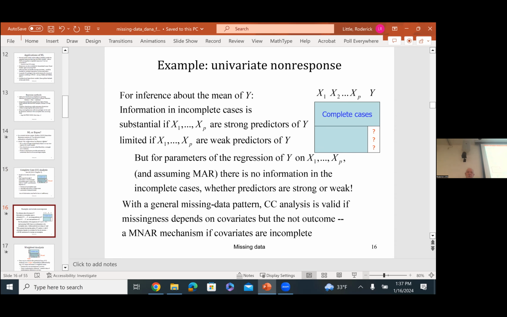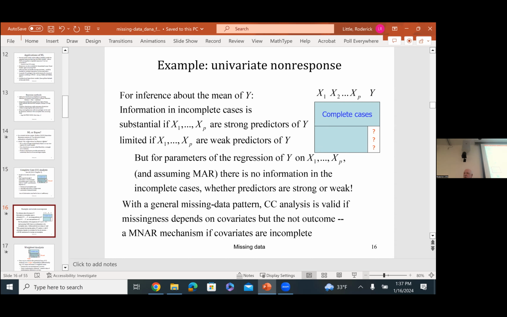Just as an example of these ideas, here's a setting where you have missing data on one variable. So Y is the variable that has missing values here. You have a set of fully observed variables x1 up to xp. And let's suppose those predictors were a pretty good predictor of Y. So if you were to do a regression, you get an R squared of 0.9 or something.